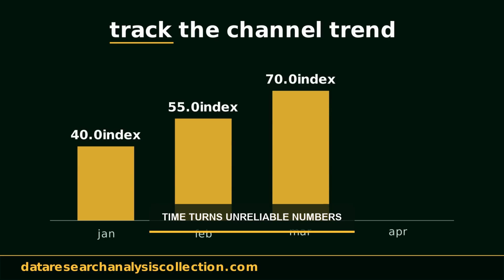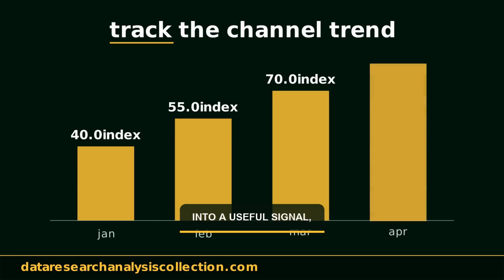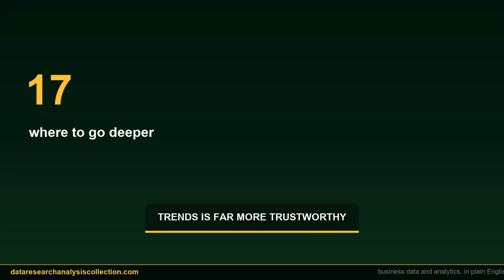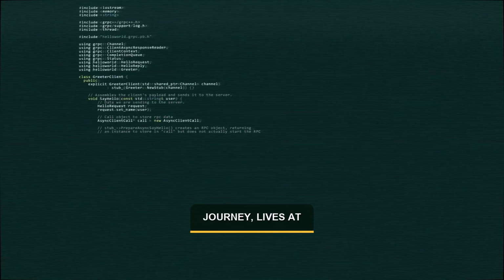Consistency over time turns unreliable numbers into a useful signal because the errors stay roughly constant and the movement is real. The direction a channel trends is far more trustworthy than the exact credit any single report assigns it on any given day.